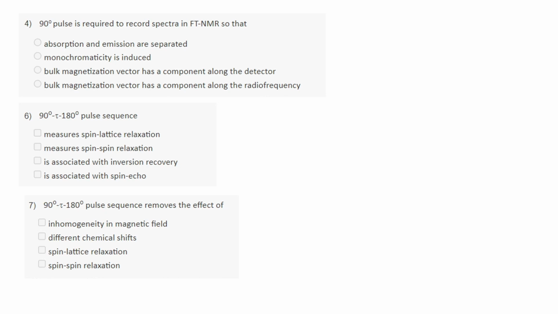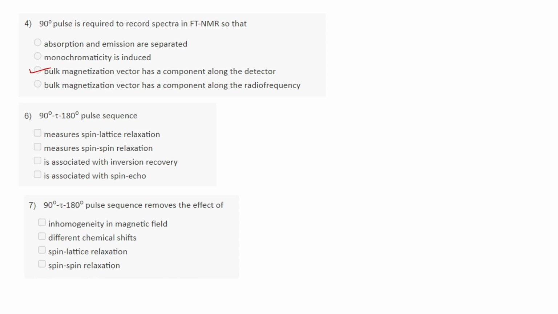Actually, the third option is correct, because if your external field is along the z axis and you are applying B1 along the y-axis, then along the x-axis your detector will be there, and the magnetization should have a component to be detected along the x-axis. That is why we use a 90-degree pulse.